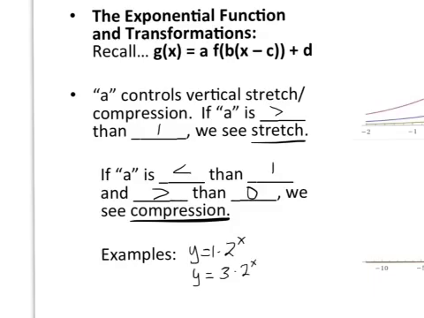Well, that 3 there would indicate that we were going to have some vertical stretch going on because it's greater than 1. Vertical compression might look like y equals 1/3 times 2 to the x, where our a value of 1/3 would indicate vertical compression.